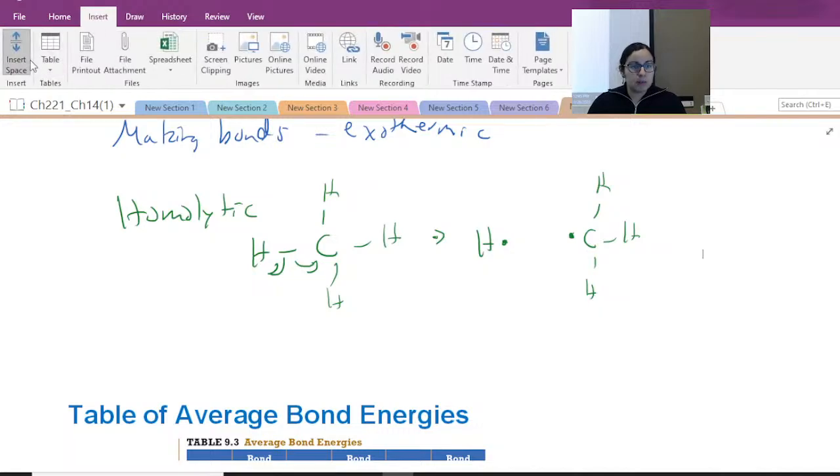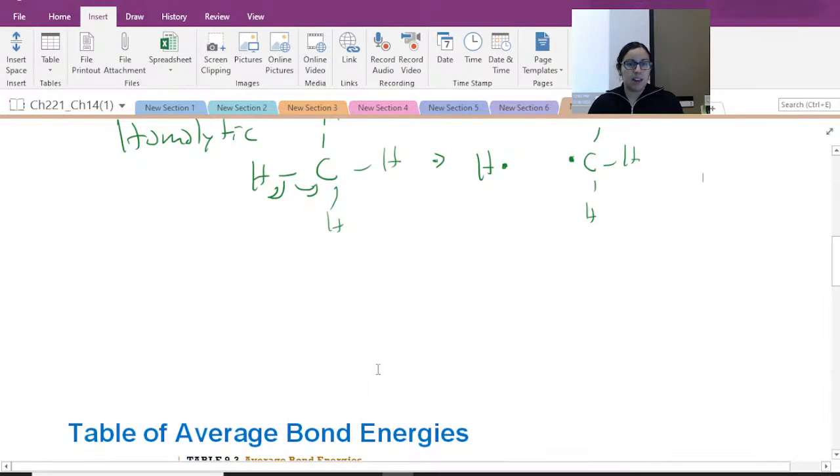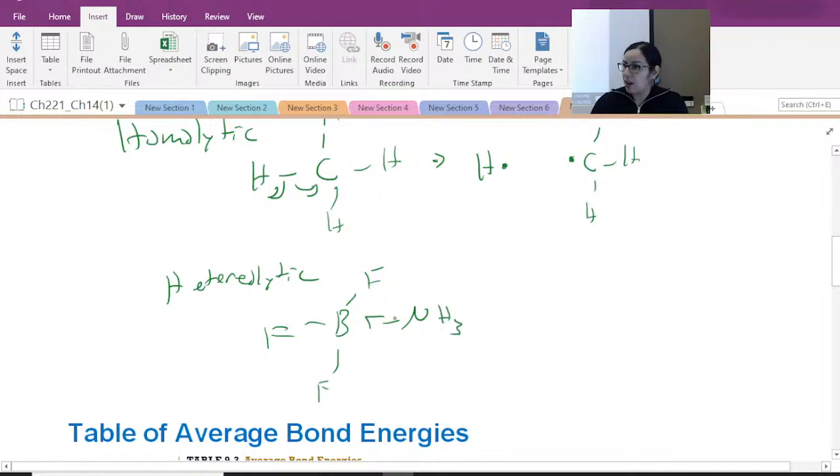And versus, we don't tend to see heterolytic cleavages a lot, but let's look at an example. A heterolytic cleavage would be like BF3 and some sort of nitrogen compound, so we could do ammonia and BF3.